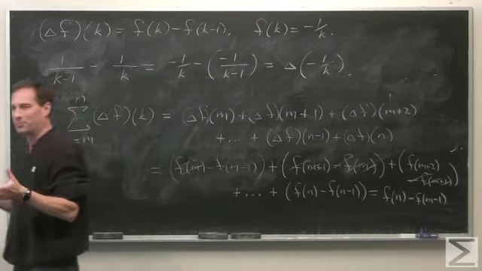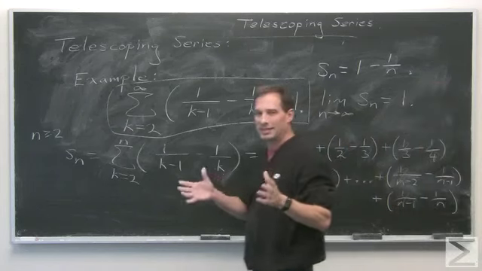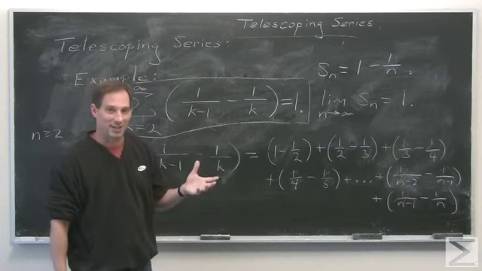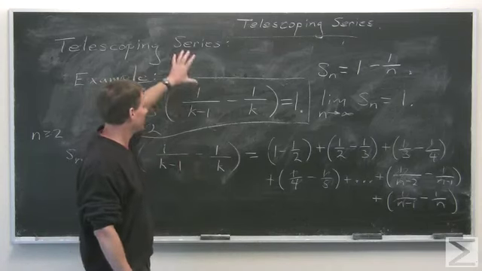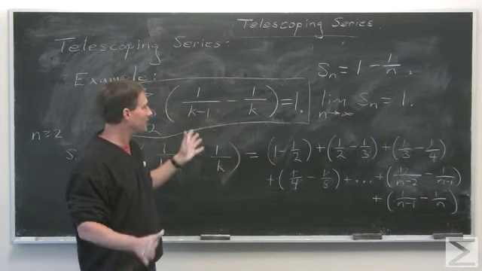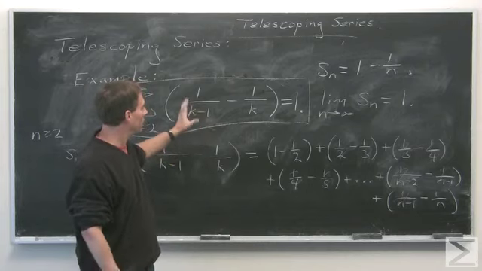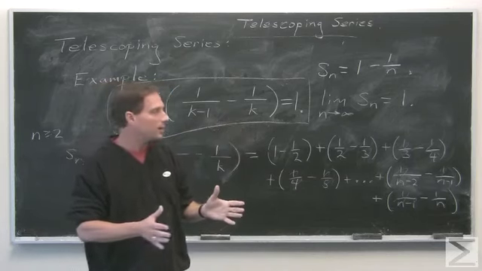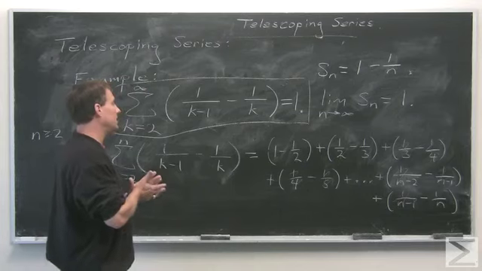You don't need to worry too much about a technical definition. You should know a telescoping series when you see one: you've got a term and another term, subtracted from each other, and one of them is just the other one with the k replaced by k minus 1. It should look like that.